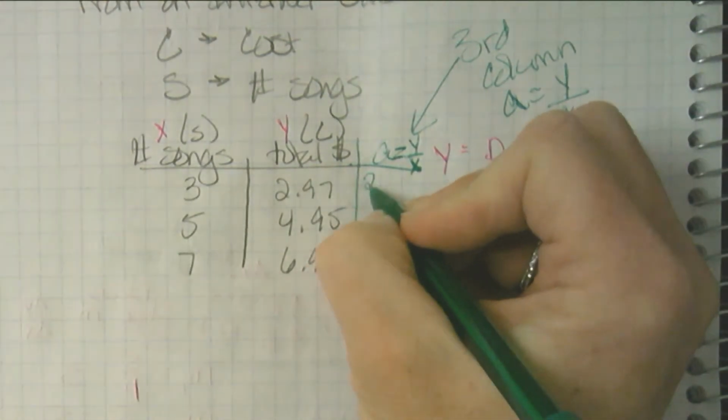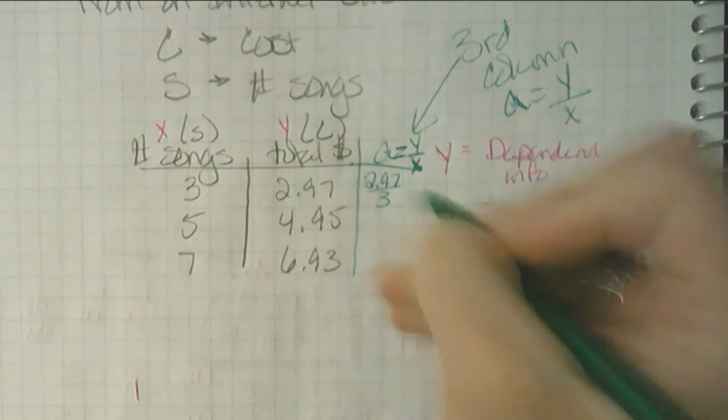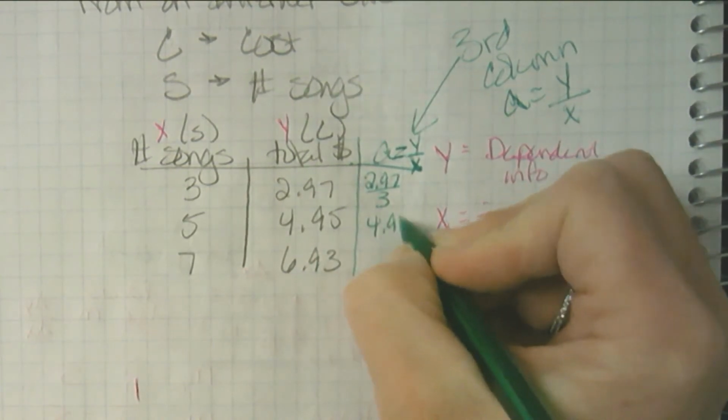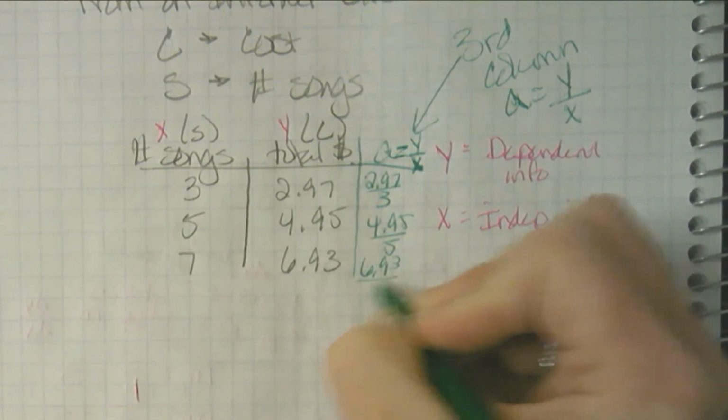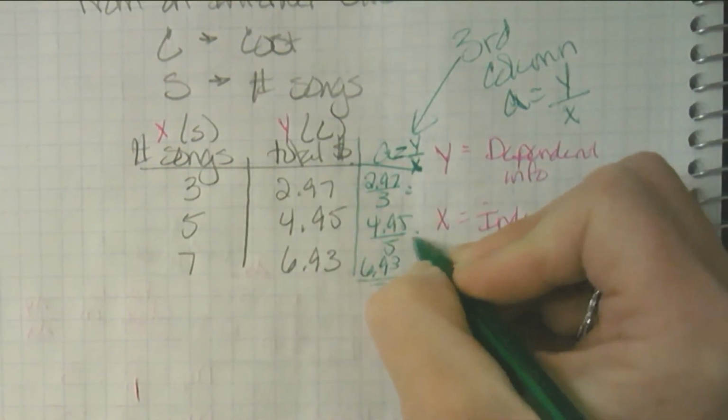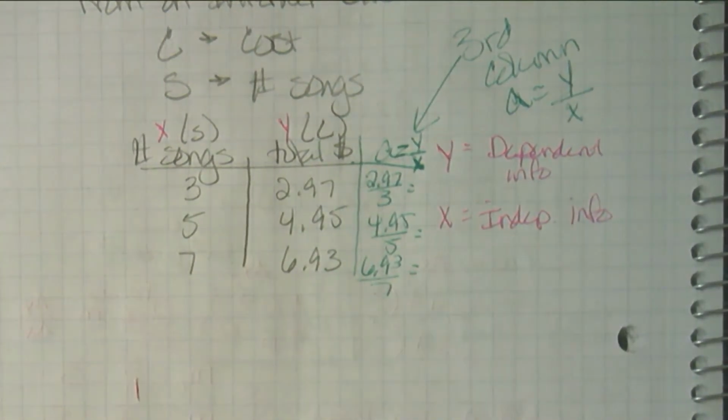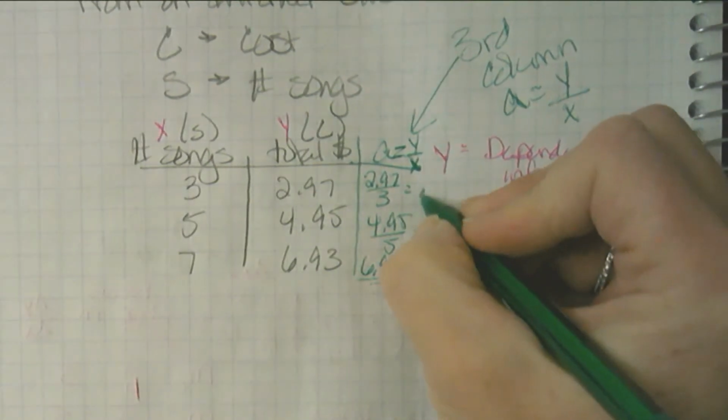So I have 2.97 divided by 3. I have 4.95 divided by 5. And I have 6.93 divided by 7. And then I'm going to find what those end up being. So if you grab your calculators, 2.97 divided by 3 gives me 0.99.